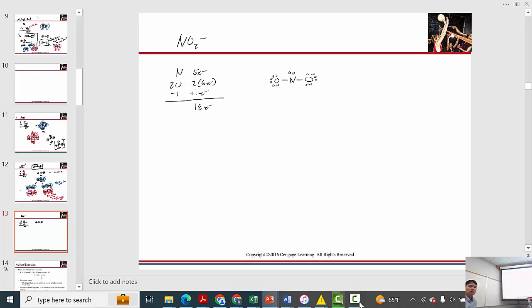So if we end up with extra electrons, the order goes first the terminal, that is the outside atoms, and then the inside. And so in this case we did. However, we're still short. Do you see nitrogen? Does it have an octet or not? No, nitrogen does not have an octet.